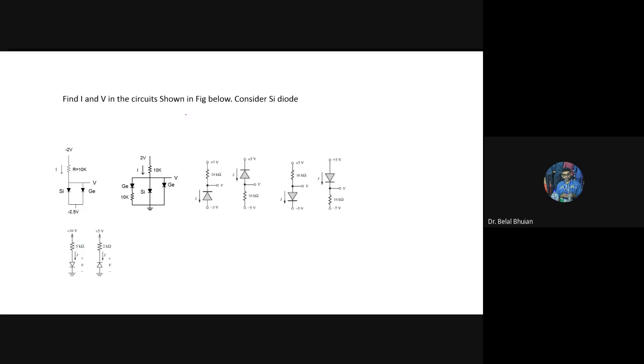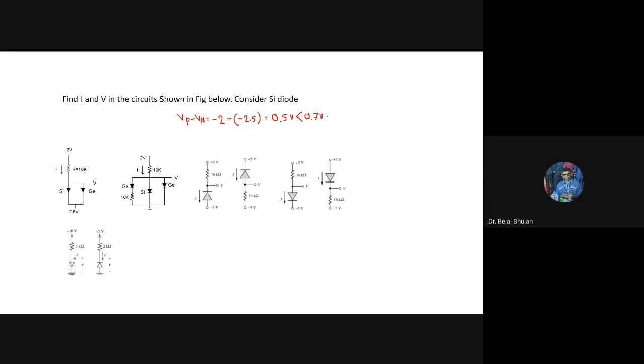For silicon, Vp minus Vn is minus 2 minus 2.5, that is 0.5 volt. So what does that mean?